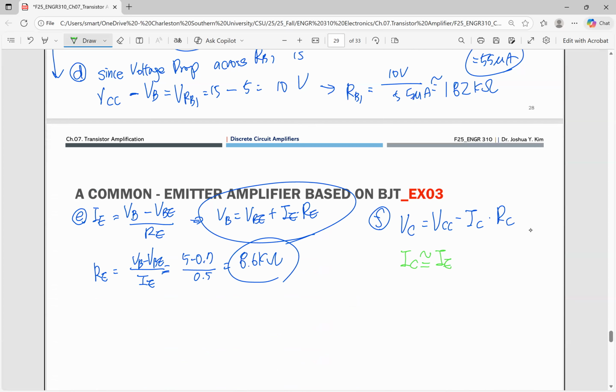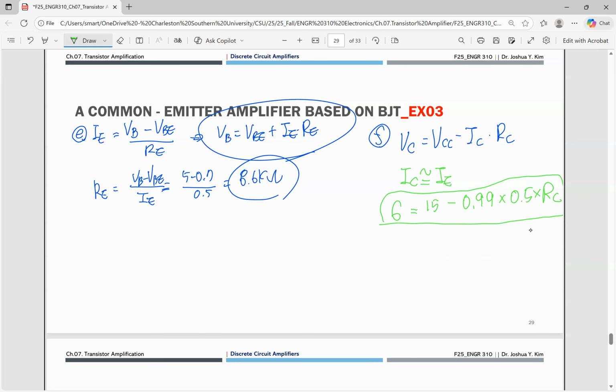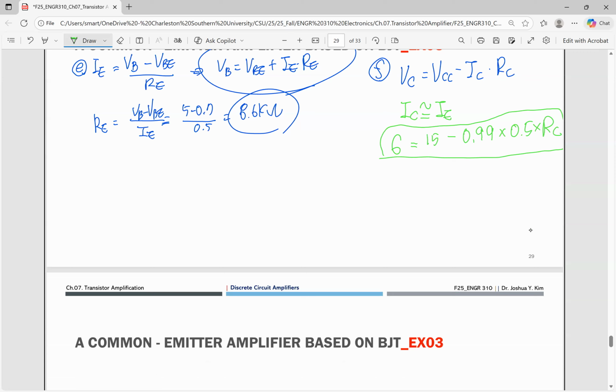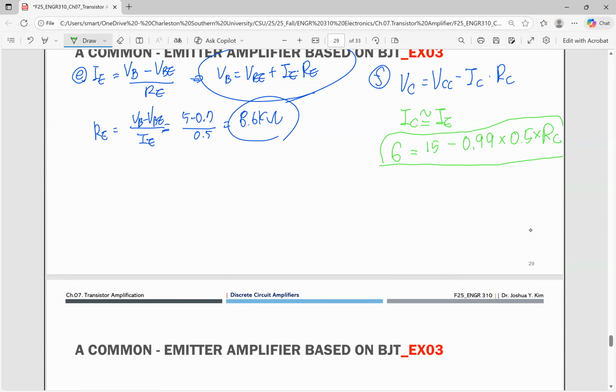So in here, 15 minus 0.99 times 0.5 times R sub C. The other one was given, or we have already calculated before for this one. All right, so maybe it's up to you.